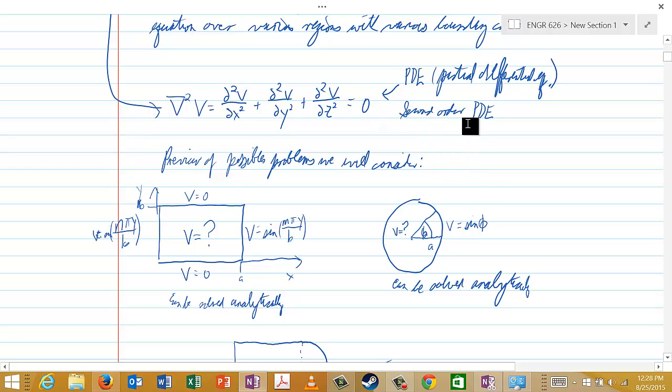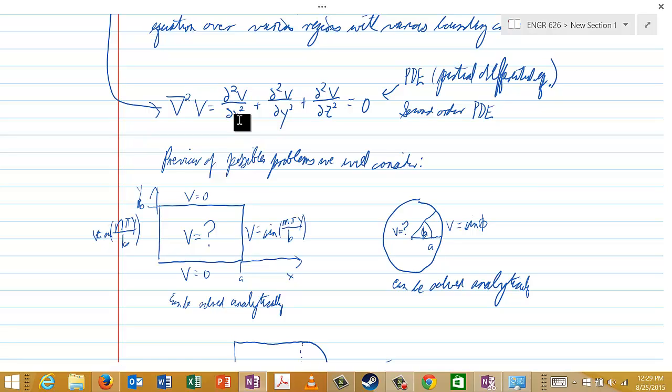Notice that this is a second order partial differential equation. Second order because we have second order derivatives. It's a partial differential equation because these derivatives here are not ordinary derivatives. They are partial derivatives with respect to x, y, and z. Or another way of saying that is that V is a function of the three independent variables x, y, and z.